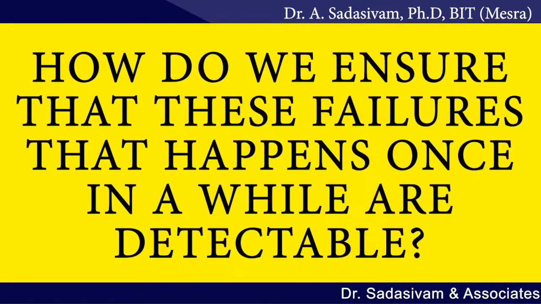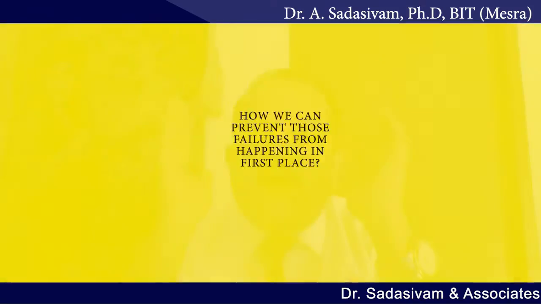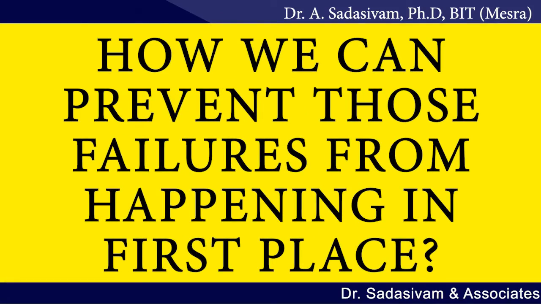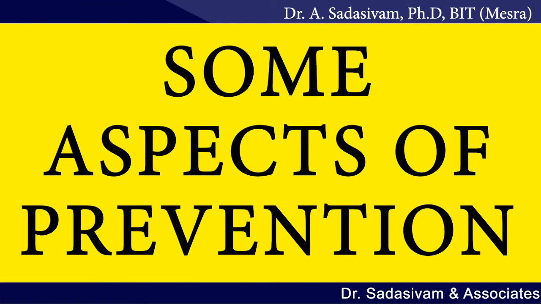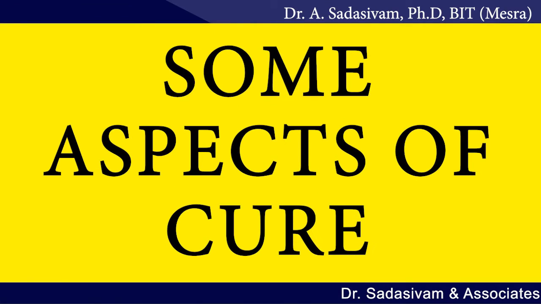The second thing is how we ensure that these failures that happen once in a way are detectable. And thirdly, how we can prevent those failures from happening in the first place, right? Prevention is better than cure. So we will talk about some aspects of prevention, and some aspects of cure also.